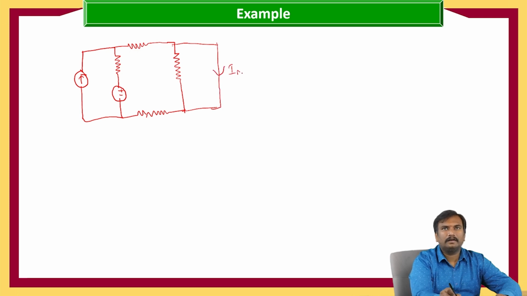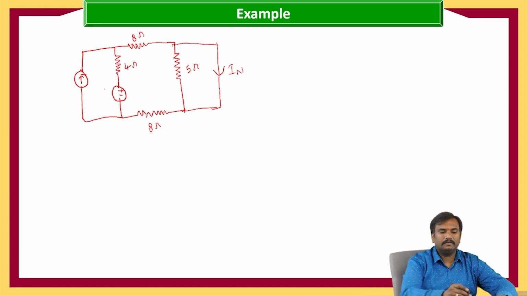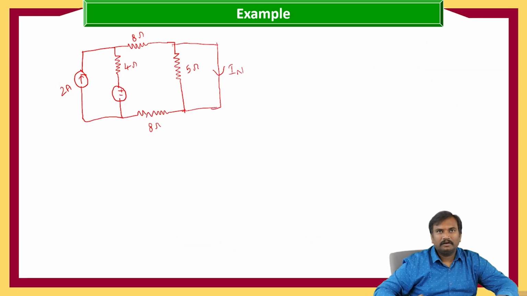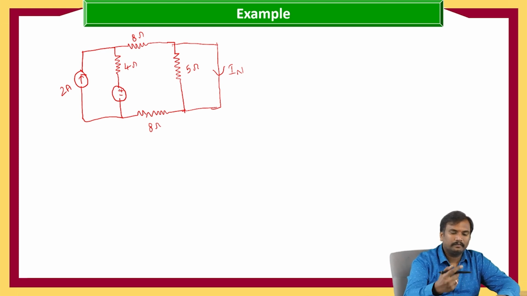Here we need to calculate Norton's current: 8 ohms, 4 ohms, 5 ohms. Here the source value is 2 amperes, 12 volts.